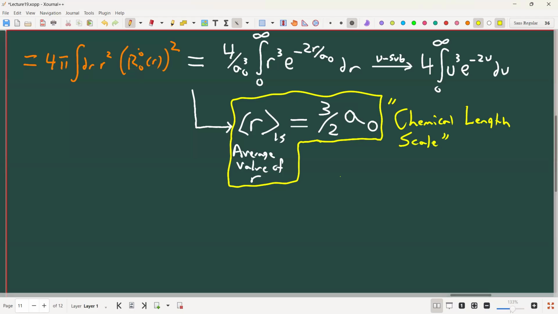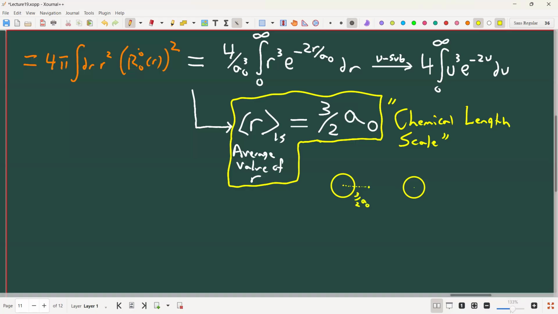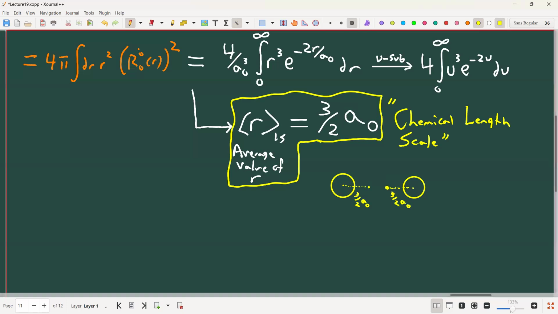Right? The idea is that if you have two hydrogens, and let's say the distance from here to the electron on average is 3/2 a0, and the electron for this one on average is at 3/2 a0, right?